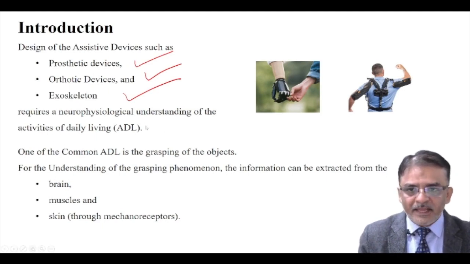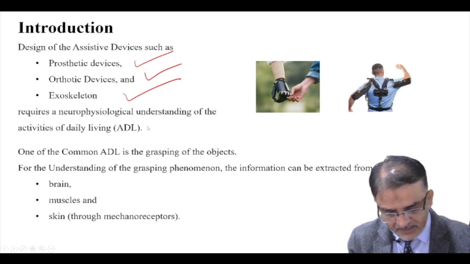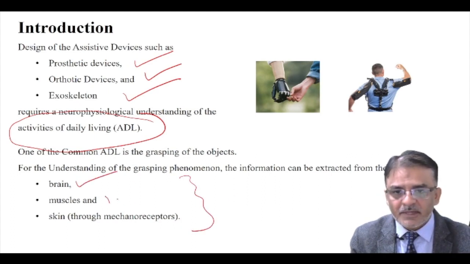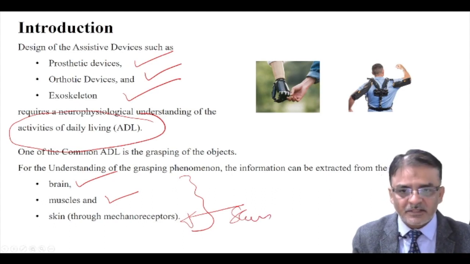In activities of daily living, there are many studies based on brain signal processing and muscle signal processing, but very few studies are found on surface EMG or skin-based signals.